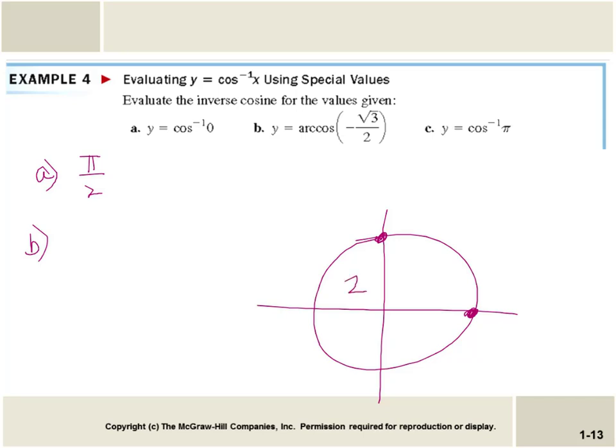Good, quadrant 2 and 3, exactly. Now, do you remember where the inverse cosine is defined? I know this is all new, so it's okay. If you get it wrong, you get it wrong. It's no big deal. I'm just trying to engage you guys. Between 0 and pi. So between 0 and pi is from here to here, right? So it can't be in quadrant 3, right?